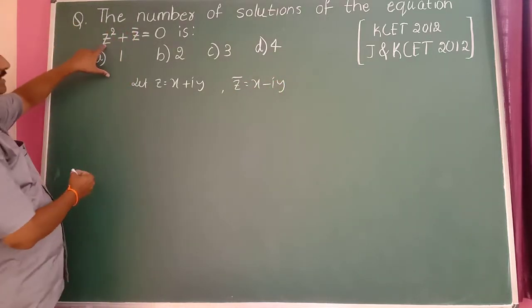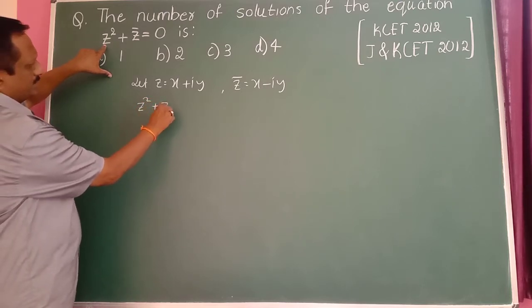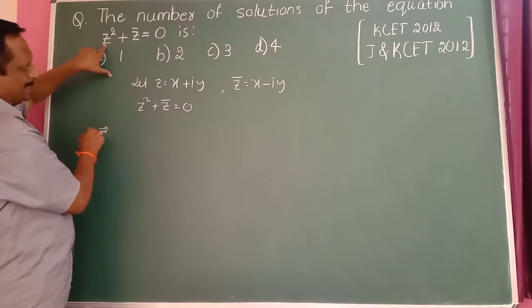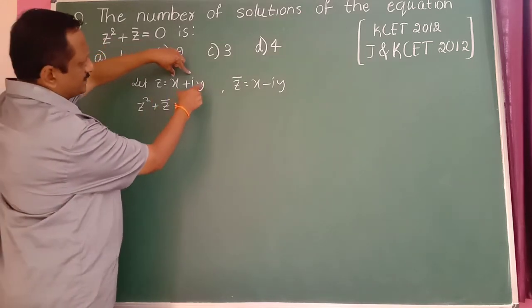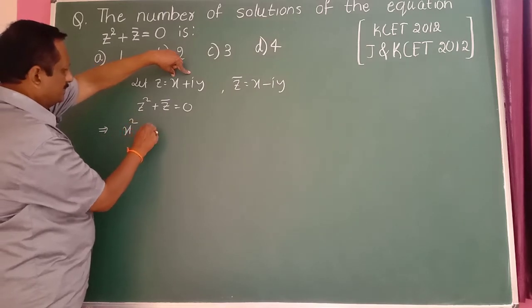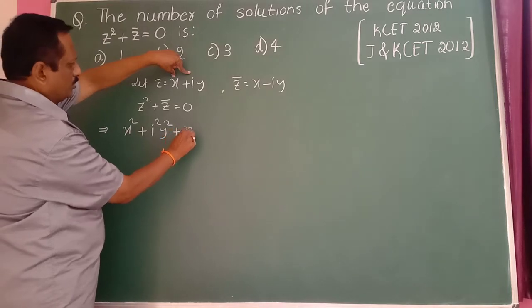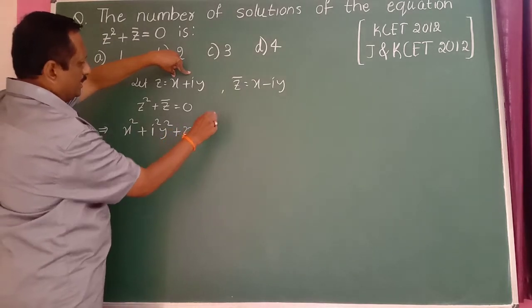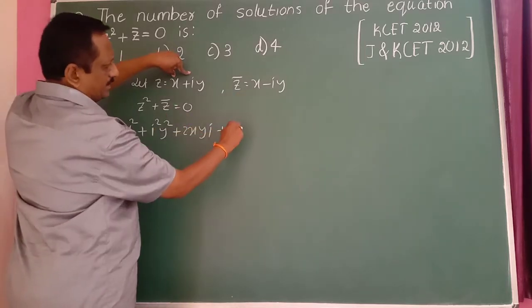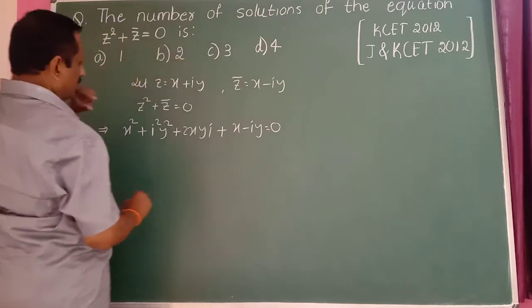Then z square plus z bar is equal to 0. z square means (x plus iy) square, so x square plus i square y square plus 2xy into i, then plus z bar, which is x minus i into y, is equal to 0.